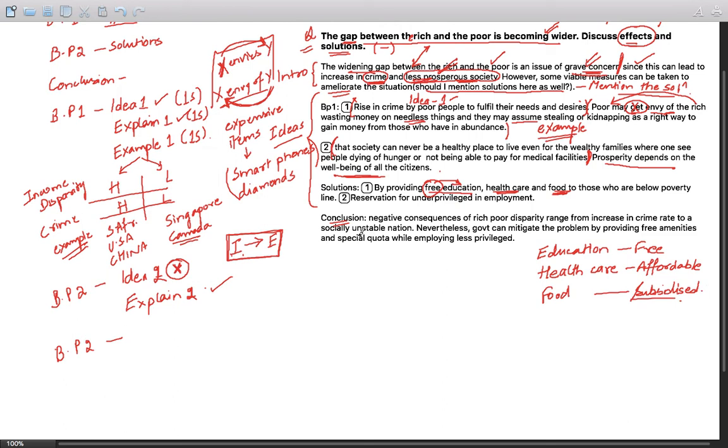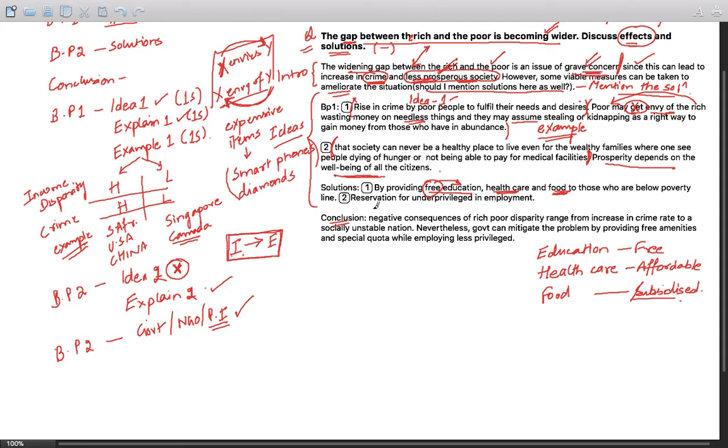Okay? So with the introductory sentence that governments and various organizations, non-government organizations, or even private institutions. Okay, the private institutions also play a role. Private institutions include private companies, private citizens. They can take various measures to ameliorate this situation. They can provide free education, affordable healthcare, and subsidized food.